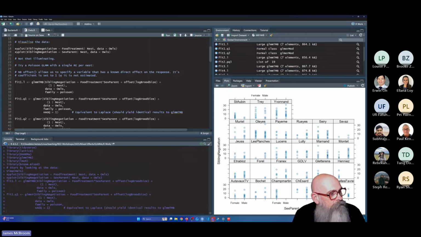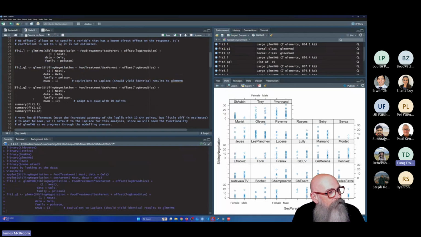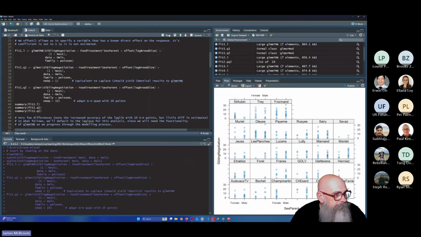And I've also done glmer, but this time with 10 quadrature points. So this one is the adaptive Gauss-Hermite quadrature with 10 points. The Q2 model is the one where we're using adaptive Gauss-Hermite quadrature, and the previous two we're using Laplace.